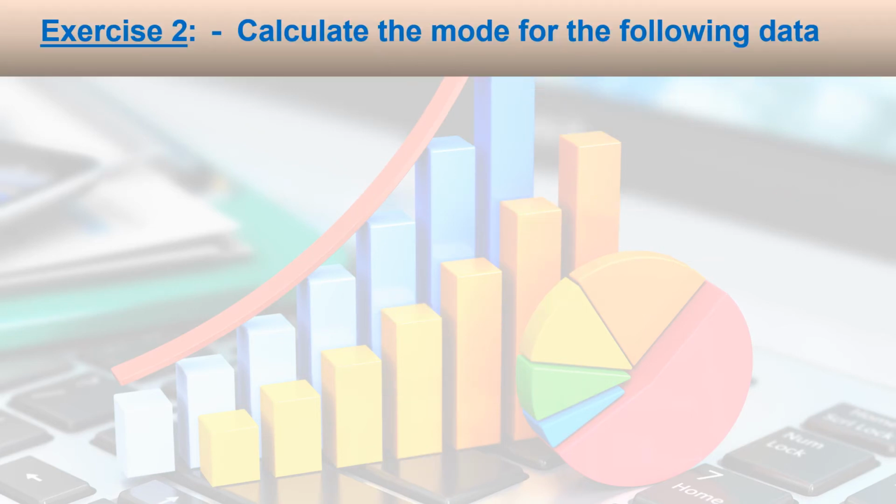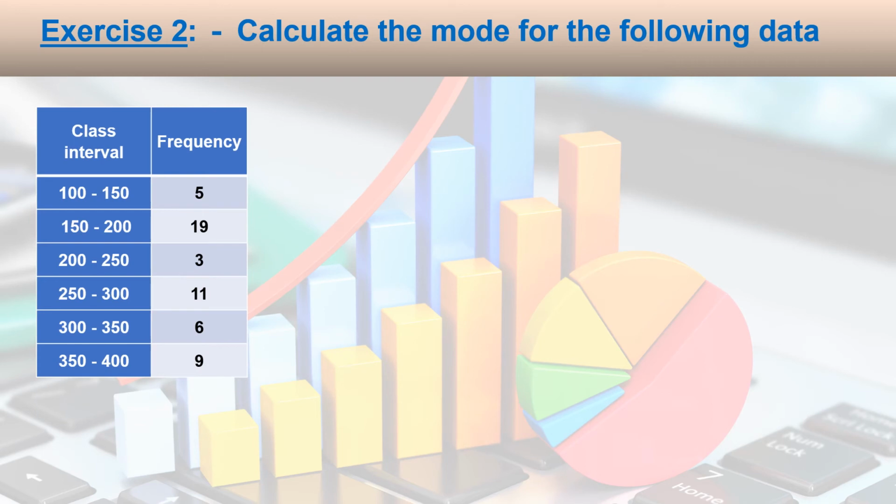Another exercise: calculate the mode for the following data. Here the class intervals are given as 100 to 150, 150 to 200, 200 to 250, and likewise up to 350 to 400. The corresponding frequencies are 5, 19, 3, 11, 6 and 9.